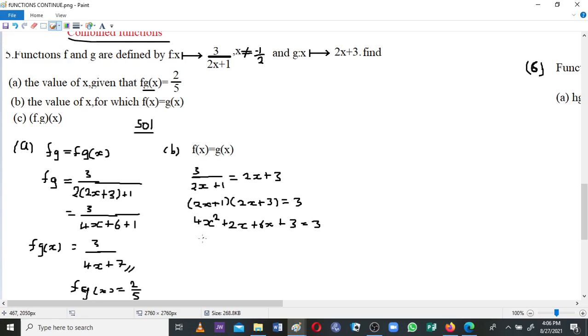Now if you simplify here, we're going to get 4x squared plus 8x is equal to 0.